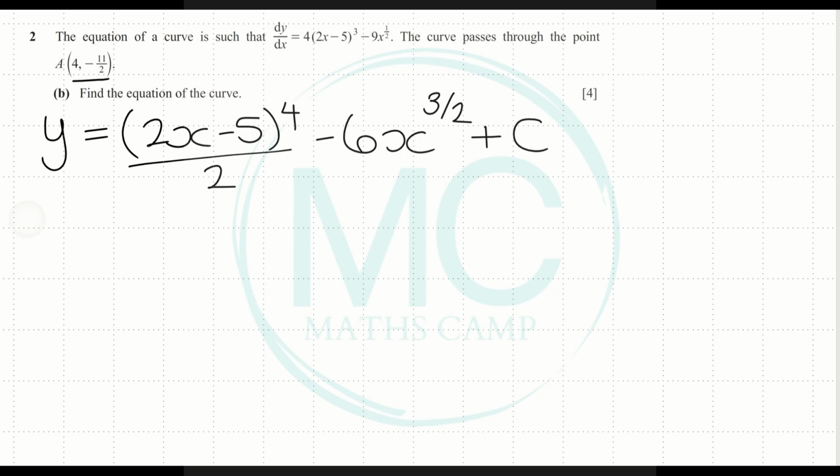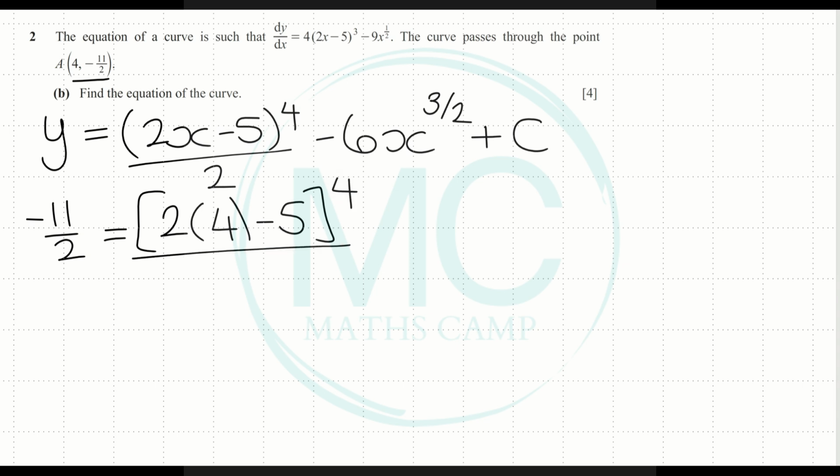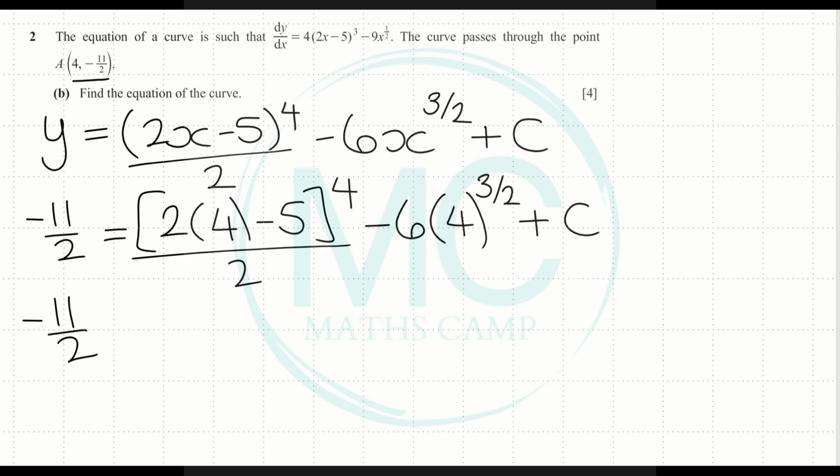So we're going to say negative 11 over 2 is equal to 2 multiplied by 4 minus 5, close the bracket, with an exponent of 4 over 2 minus 6 multiplied by 4 with an exponent of 3 over 2 plus c. Now we have negative 11 over 2, and we can put this fraction into our calculator.